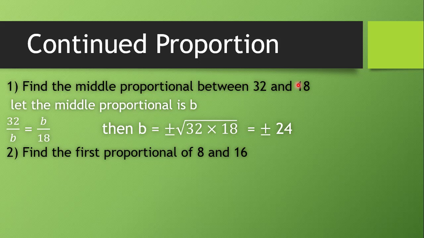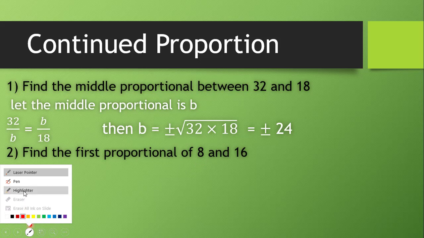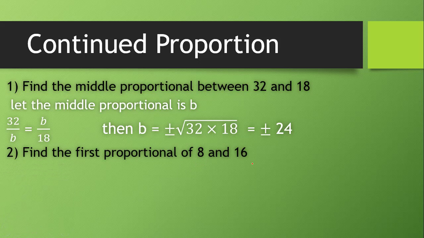Number 2: find the first proportional of 8 and 16. I want the first proportional, so I don't have a first proportional. In this case, 8 is the second proportional and 16 is the third proportional.